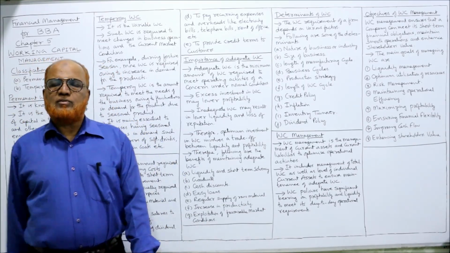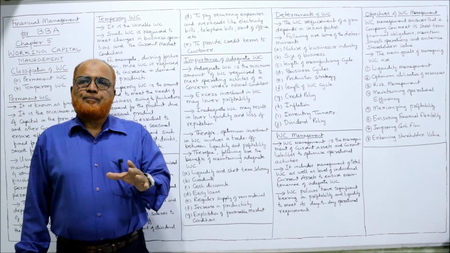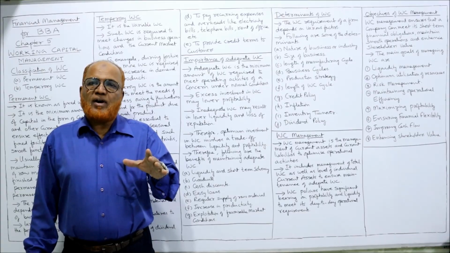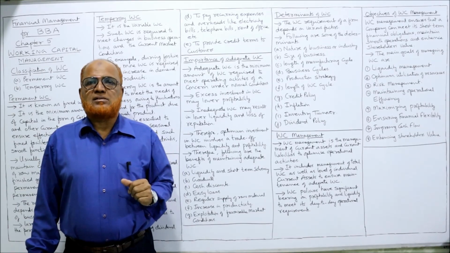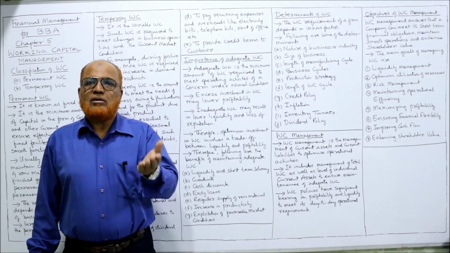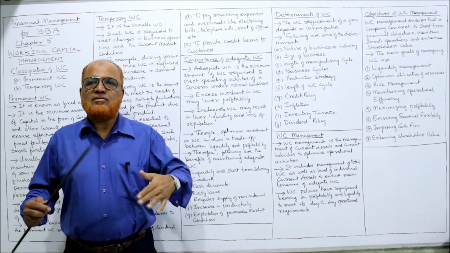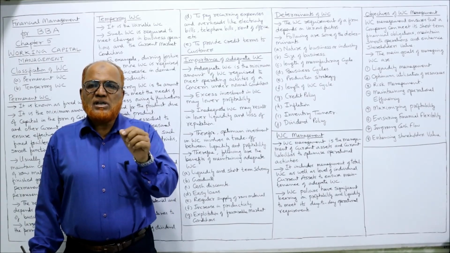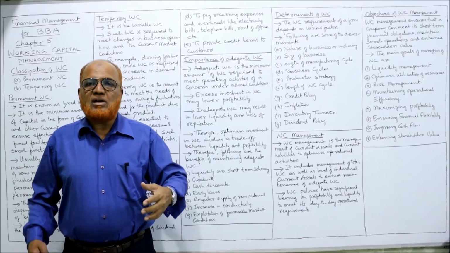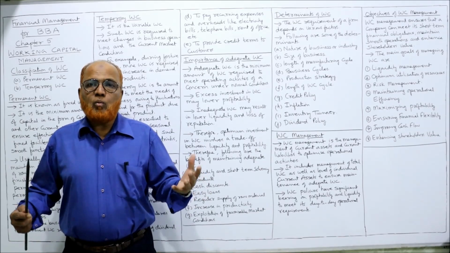Next, increased productivity. When we have sufficient material, when we have satisfied, motivated employees, then labor productivity will increase, and productivity of activities will increase. That means if we maintain adequate working capital, the workers are very happy to work, more motivated.